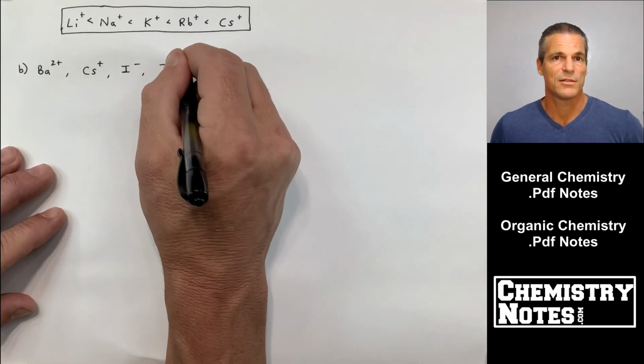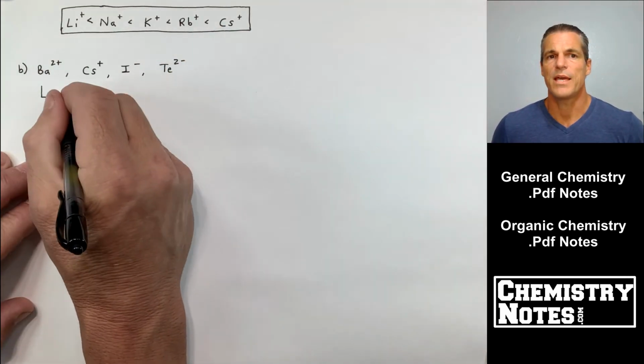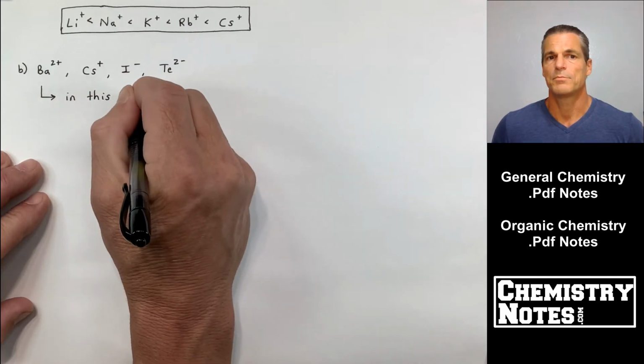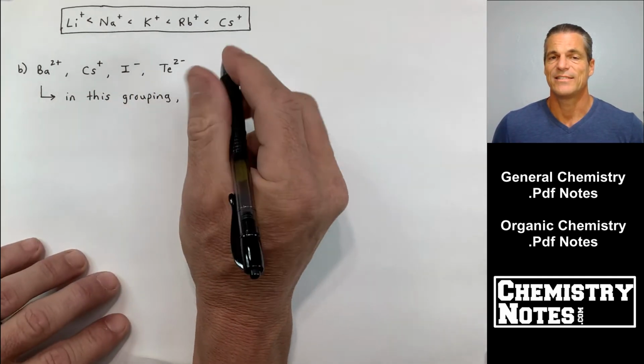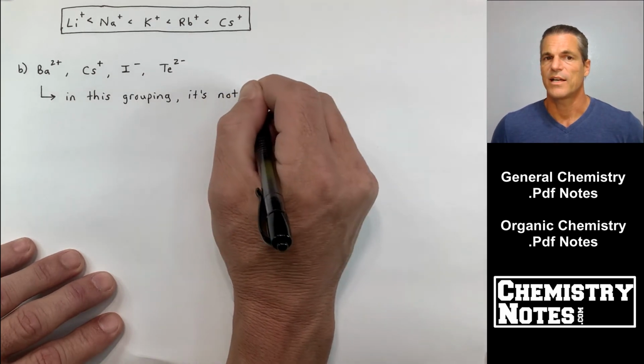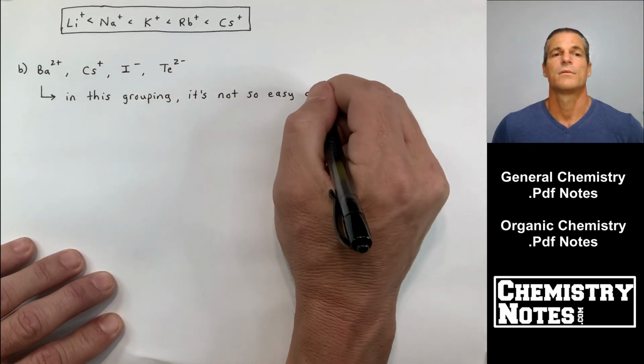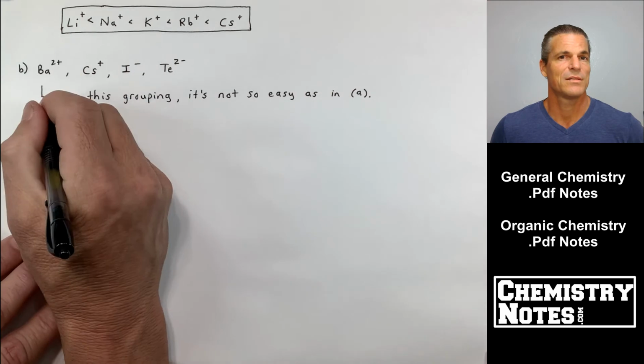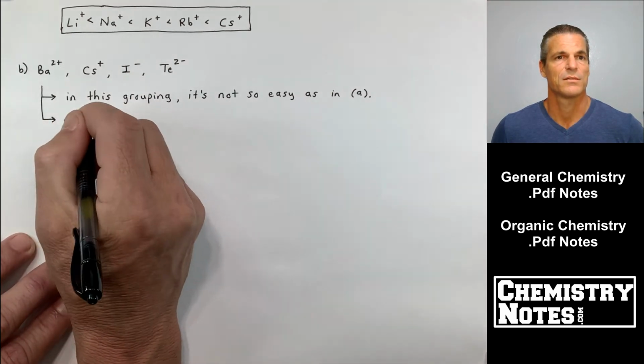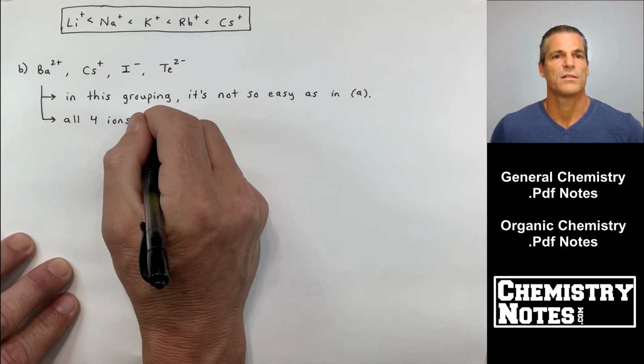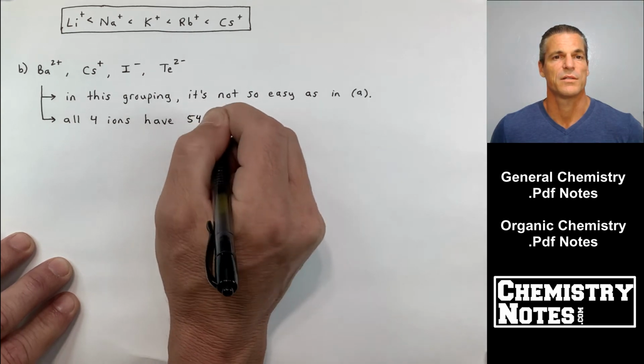Now B is a little bit different. Ba2 plus, Cs plus, I minus, and Te2 minus. These guys aren't in the same group, but they do have the same number of electrons. So all 4 ions have 54 electrons.